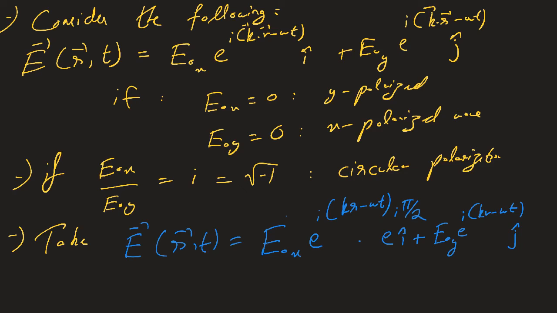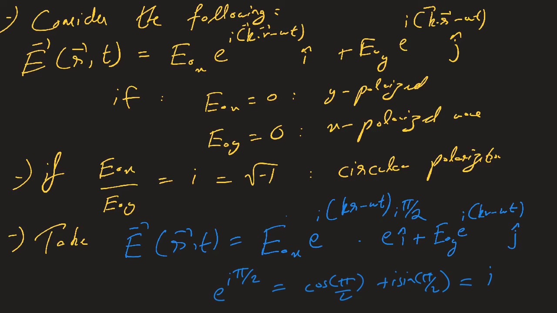Because through Euler's formula, e to the i pi by 2 is equal to the cosine of pi by 2, which is 0, plus i sine of pi by 2, which is 1. This is equal to i. Okay? So I'm building towards circular polarization. In the x component, I've added a factor of i.